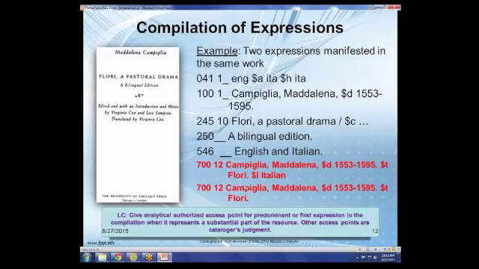We don't see it here, but it would be proper to create additional 700 fields for translator Virginia Cox and an additional 700 field for Lisa Sampson, who is assistant editor.